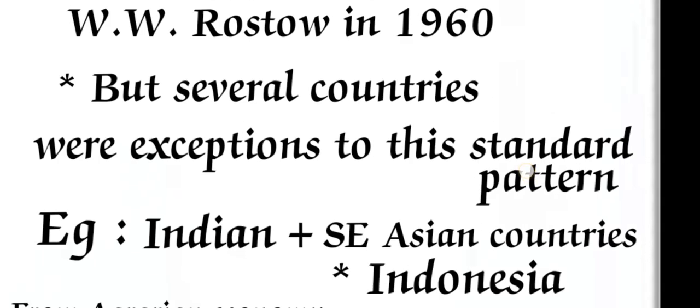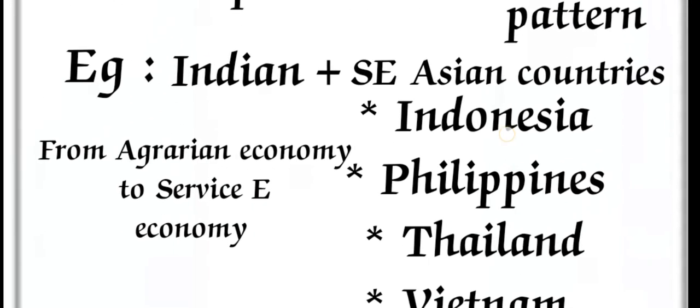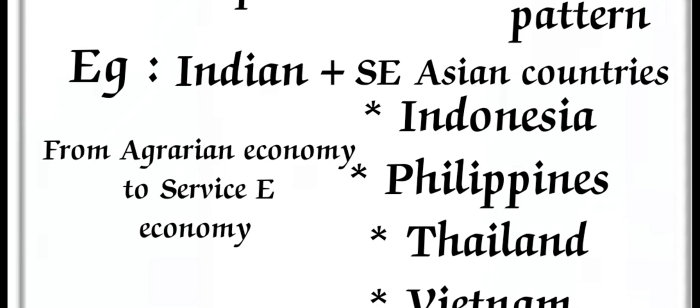Those three sectors are agriculture, industry, services. It means primary sector, secondary sector, and tertiary sector. By using the five stages, we can increase our growth through the main three sectors.